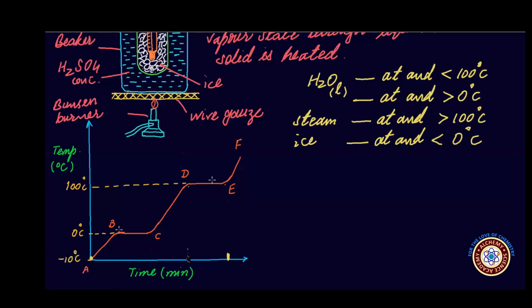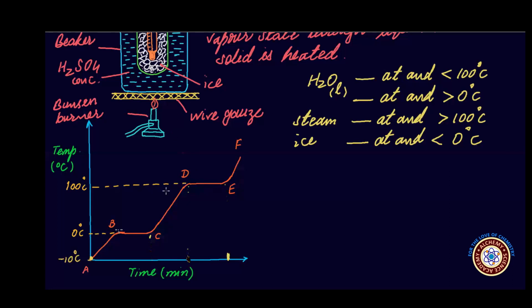Now why does this happen? Although the matter is being continuously supplied with thermal energy, from B to C and D to E, there is no increase in temperature of the state of matter.